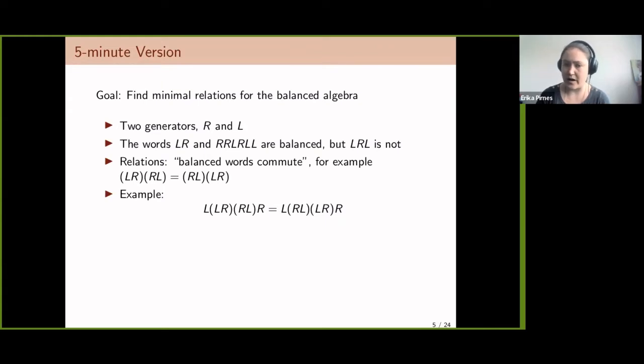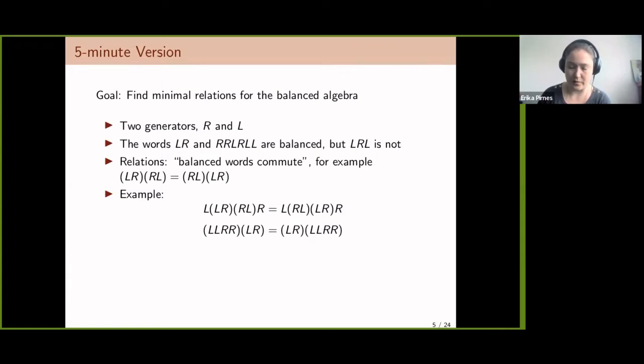But now if I organize the parentheses a little bit differently, I notice that I can write it another way, effectively by switching something inside the word, I have switched these two other balanced words. So it seems that this relation, LR commuting with RL, is somehow a better relation, because it implies this other relation.